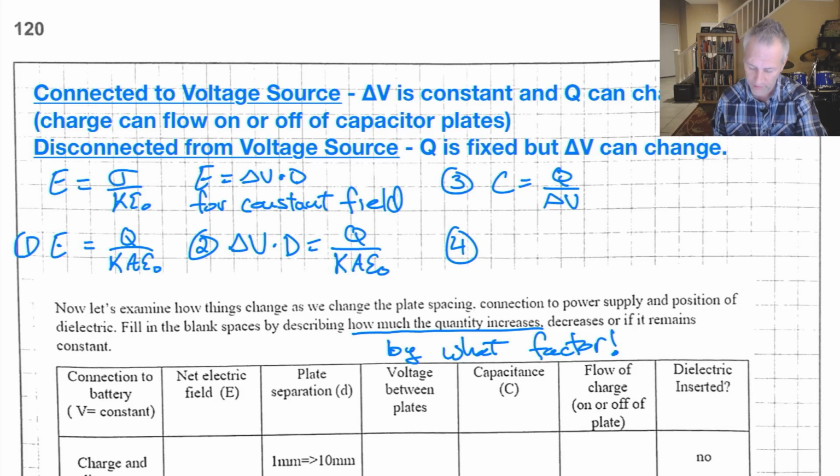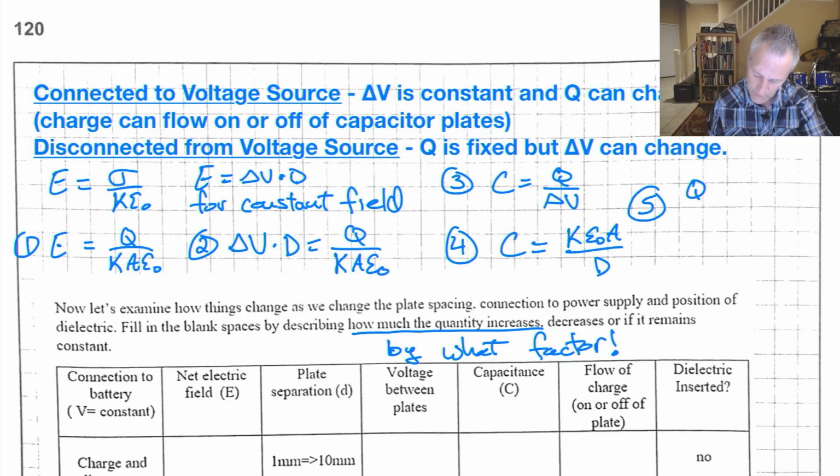But for parallel plate capacitors, we know the capacitance is K epsilon naught A over D. And if I combine equations 3 and 4, I will get equation 5, which is going to give me Q over delta V equals K epsilon naught area over distance between the plates.